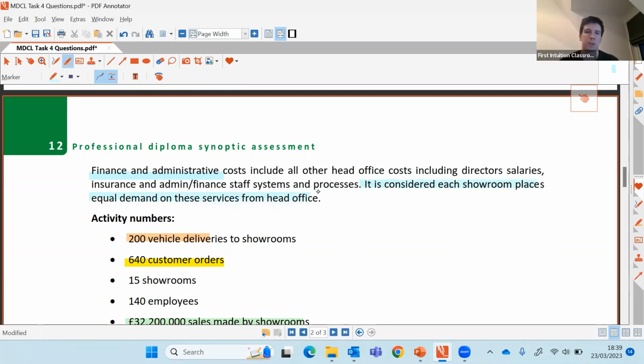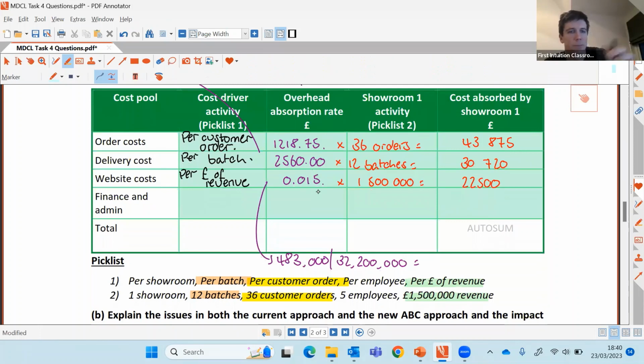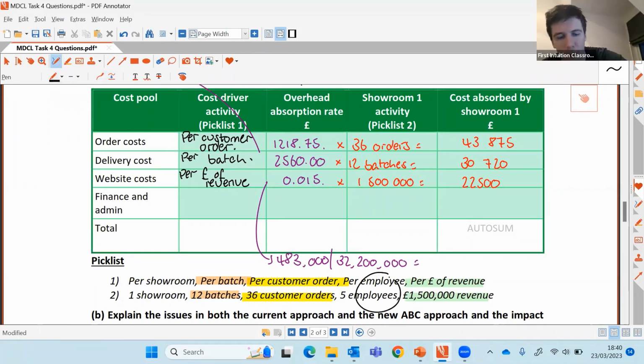In other words, the showrooms each give rise to the costs, so that it's a showroom which drives the finance and admin costs. So the cost driver is simply going to be per showroom, not the number of employees, which was the other option.